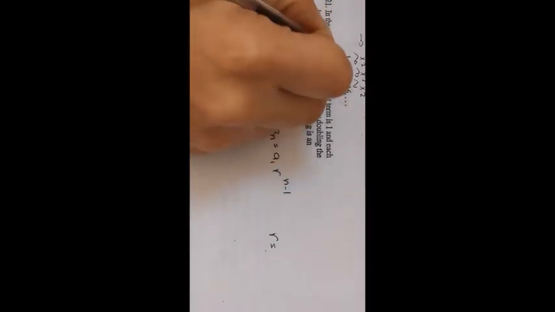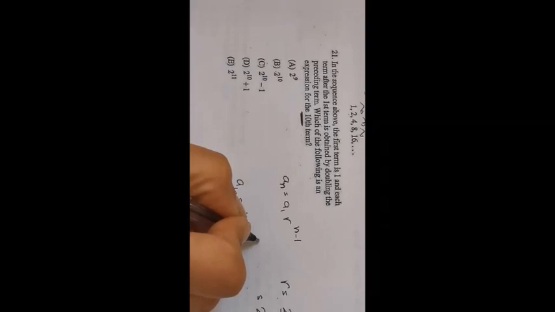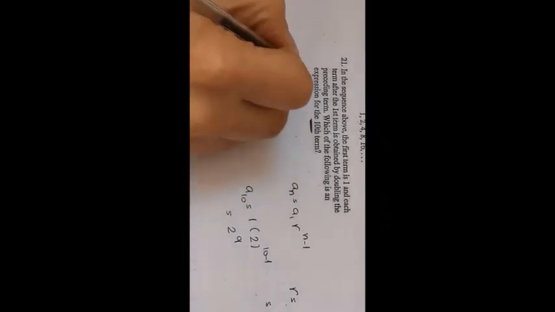I need to find r, as the question says I'm doubling. So r is equal to the second term divided by the first term, which is 2. So a_10 equals a_1, which is 1, multiplied by 2 to the power 10 minus 1. That means it's 2 to the power 9. This is the correct answer.